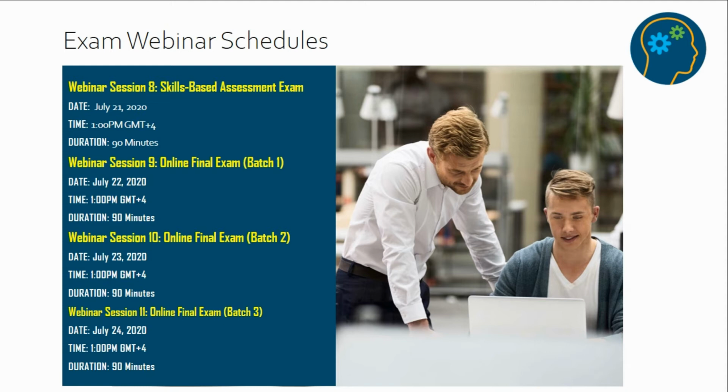Now, you will notice there are 3 batches mentioned there, meaning we will be assigning you to a certain batch to take the exam. If in case you fail to appear on those schedules, then we will give you a notification of when you can appear for the online final exam. Okay?